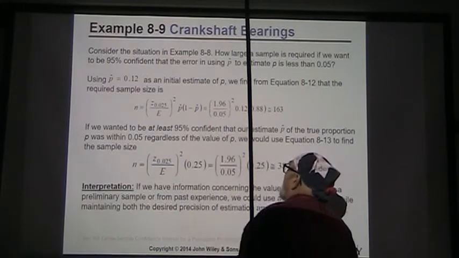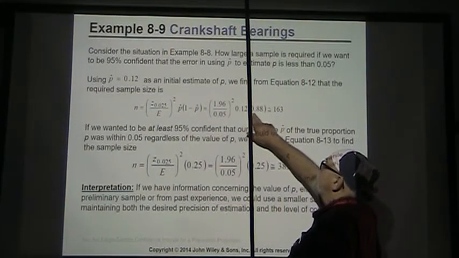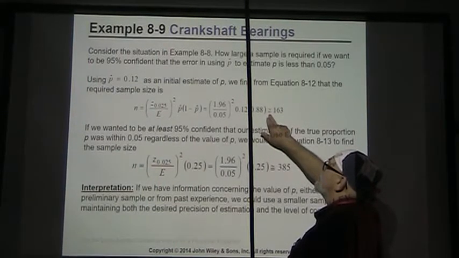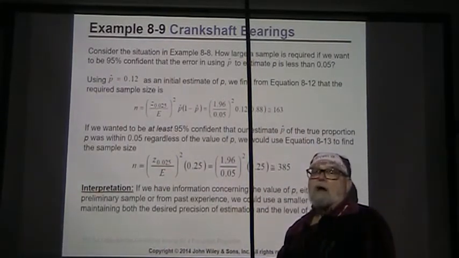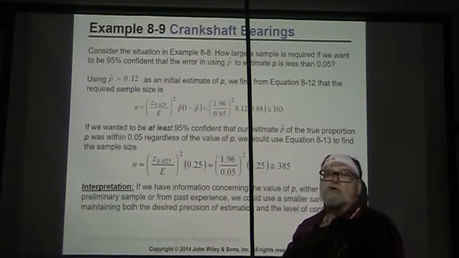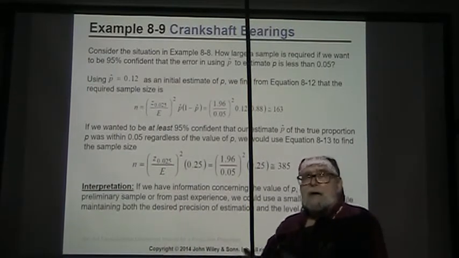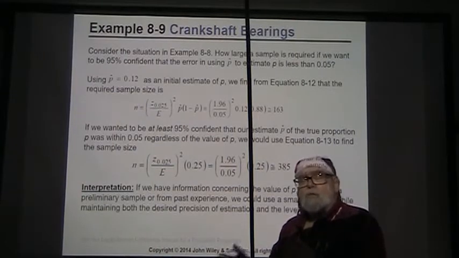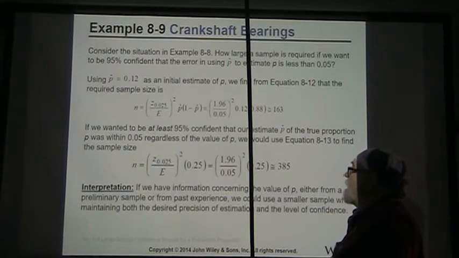That quantity is squared. Then it's times 0.12 times 0.88. And we get that that is approximately 163. I'm sure if we worked it out with our calculator, we'd get 162.7 or something like that. But you can't have 0.7 of a sample. Again, we must always round up to the next number.